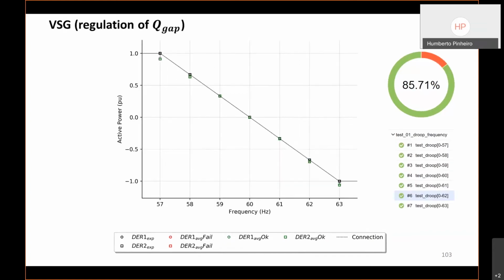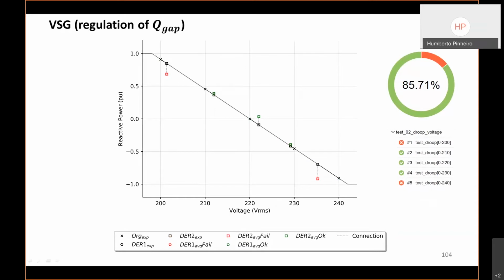Let's move on. So this is, as usual, the frequency droop characteristic is okay. However, the voltage droop characteristic for the virtual synchronous generator with the reactive power computed at the gap has an error. This is attributed to the fact that you have a reactive power consumption associated with this virtual reactor, which is not taken into account.